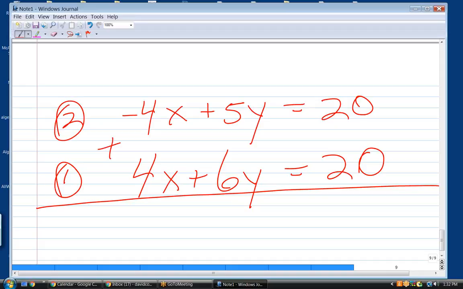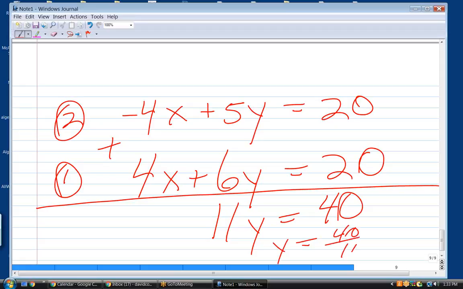That's my goal, to eliminate one of the variables. So if we add these two equations together, what do we get? 11y is equal to 40. And y is equal to 40 divided by 11.